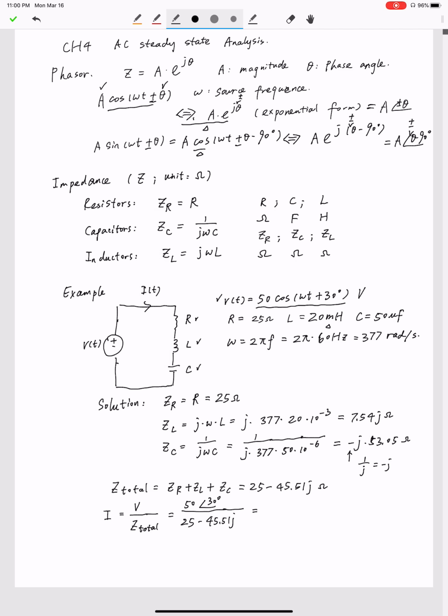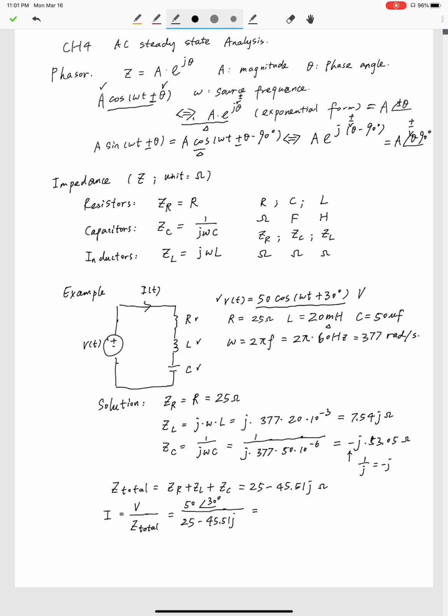Alright, so here we need to do the division, but for complex number division, we need to convert both sides to the same representation. In other words, you can either convert the top part from the polar form to the rectangular form, just like the bottom side, or you can convert the bottom side to the polar form to be aligned with the top side.